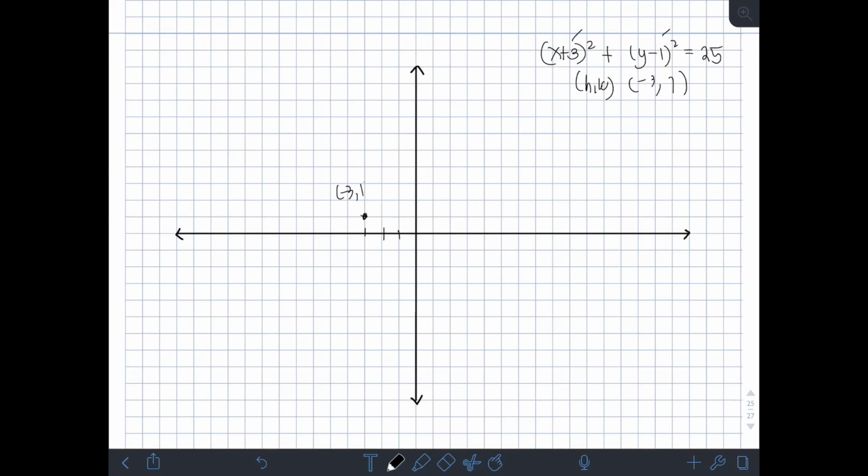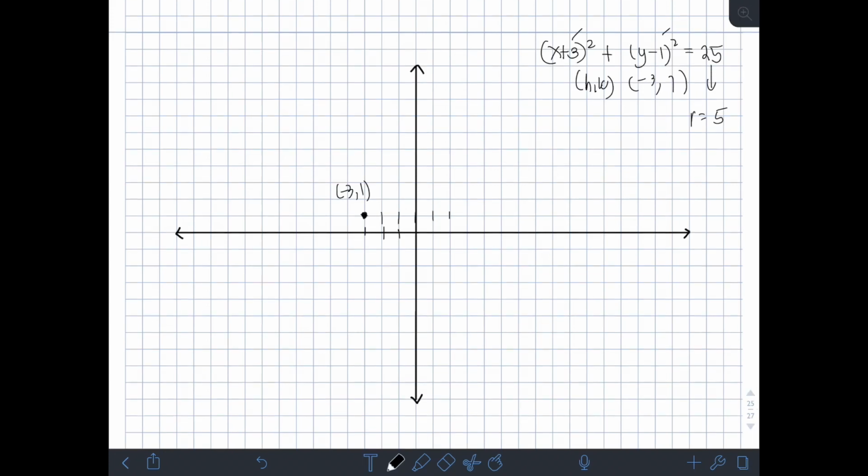(−3, 1). And since we know our r is 5, we can count from the center, horizontally or vertically, 5 units. From the center going to the right, we count 5 units: 1, 2, 3, 4, 5. Therefore, this is part of the circle. Then to the left, 1, 2, 3, 4, 5. This is also part of the circle, because this is the radius, right?